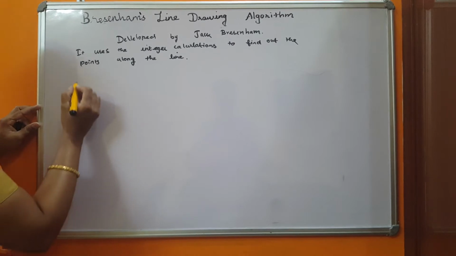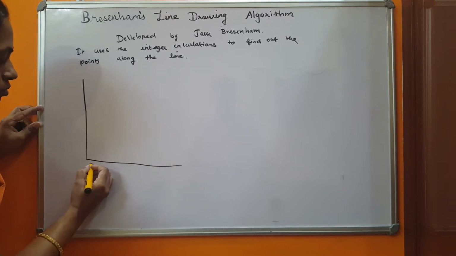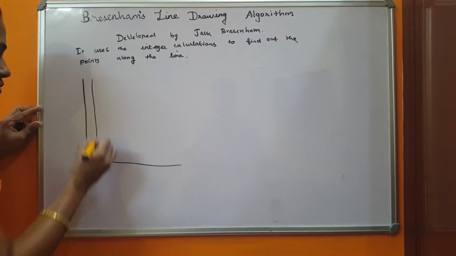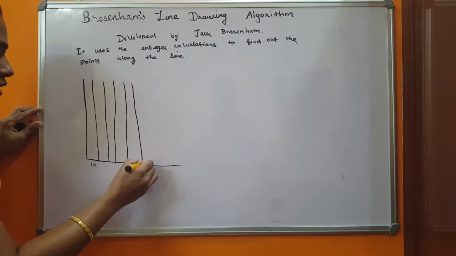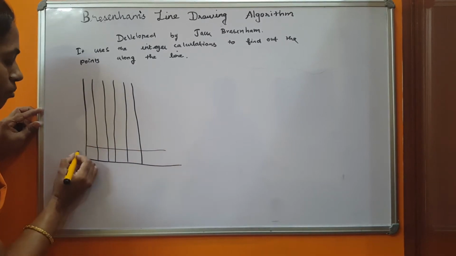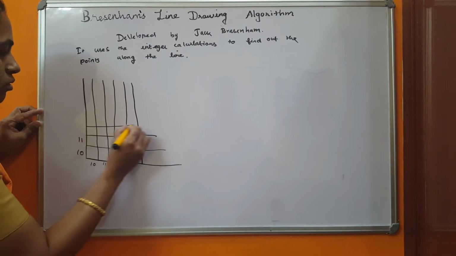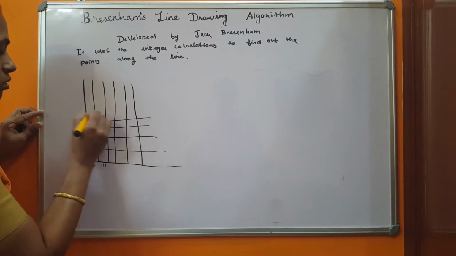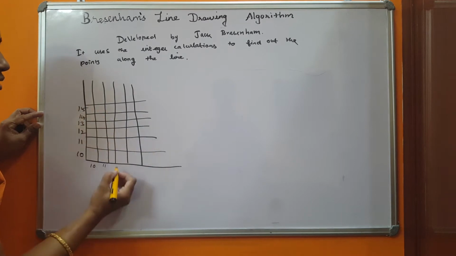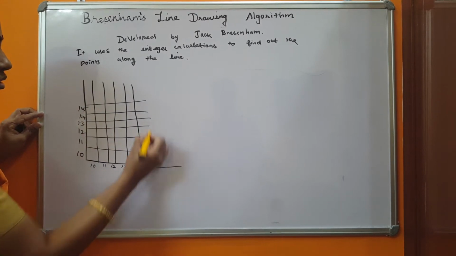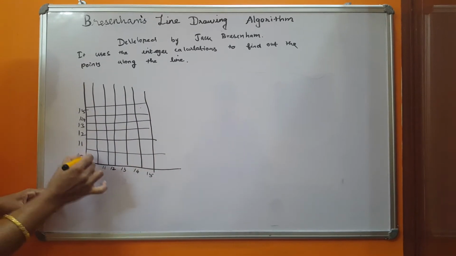For example, we draw the line from 10, 10. Two endpoints are needed to draw a line. The first endpoint is 10, 10. Suppose we draw the line from 10, 10 to 15, 15.